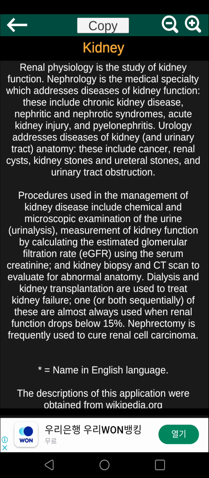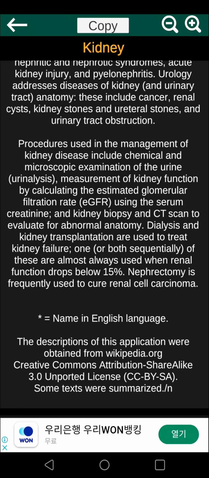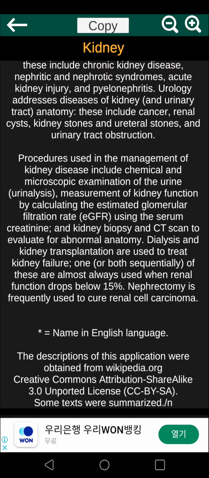Procedures used in the management of kidney disease include chemical and microscopic examination of the urine, measurement of function by calculating the estimated glomerular filtration rate using the serum creatinine, and kidney biopsy and CT scan to evaluate for abnormality and anatomy.